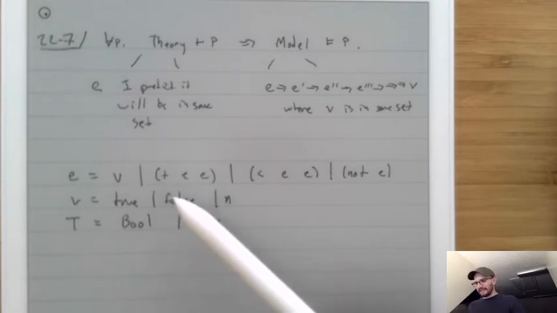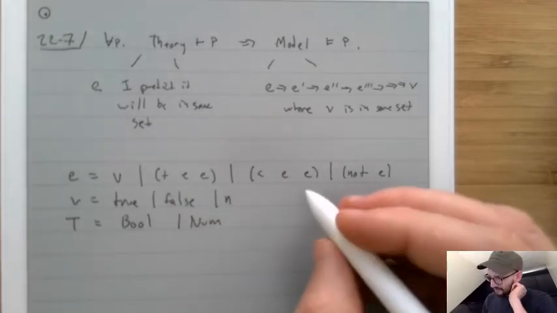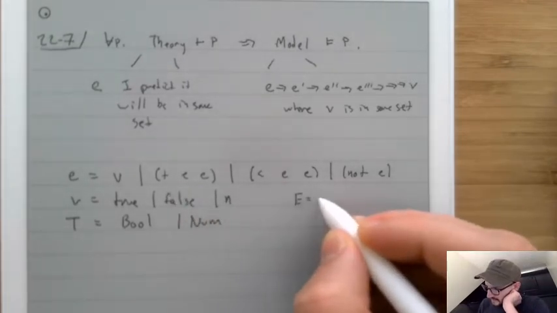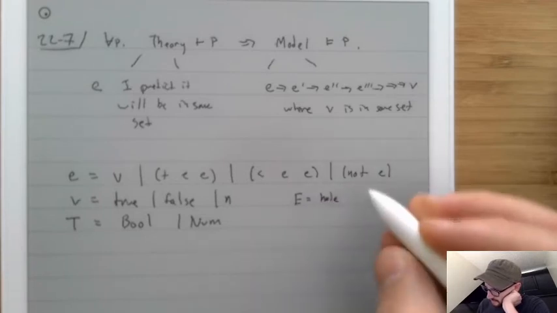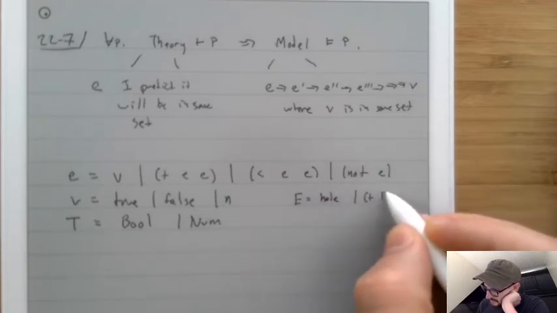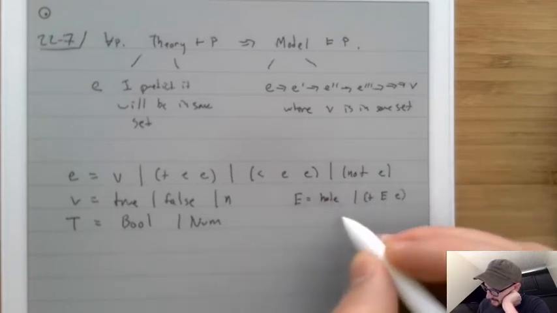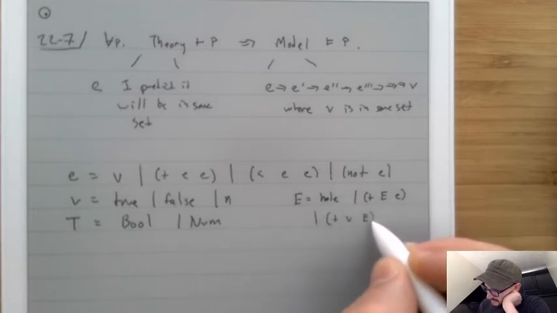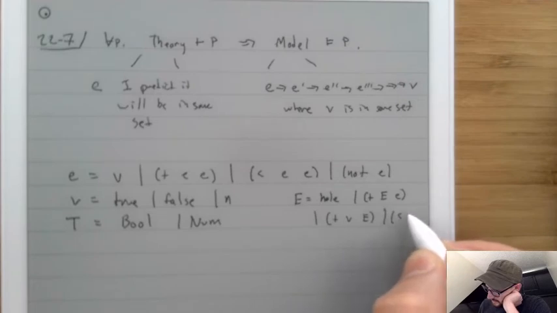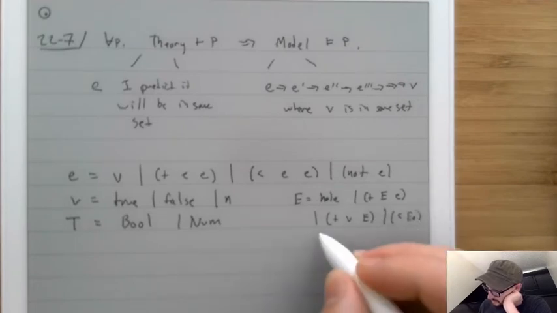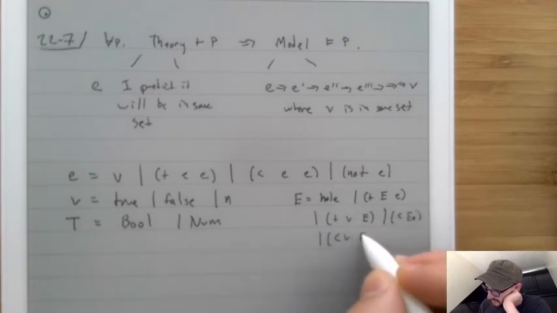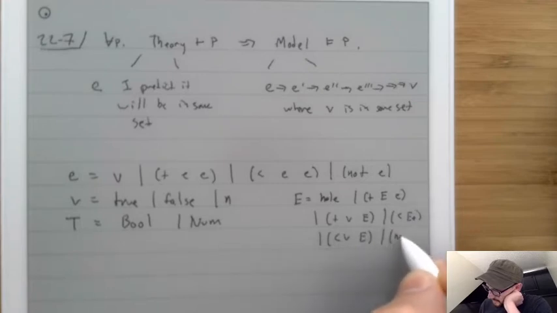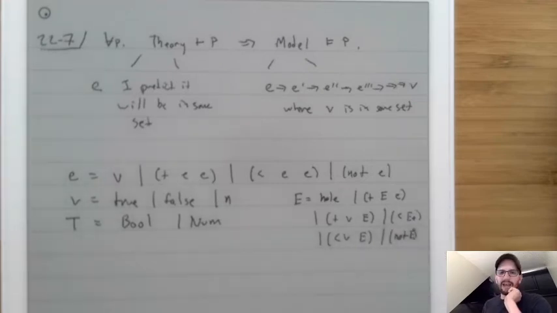So the semantics says that our evaluation contexts are either going to be a hole, a plus E, or a plus V E, or a less than E E, or a less than V E, or a not E. And you can imagine what the other rules are.